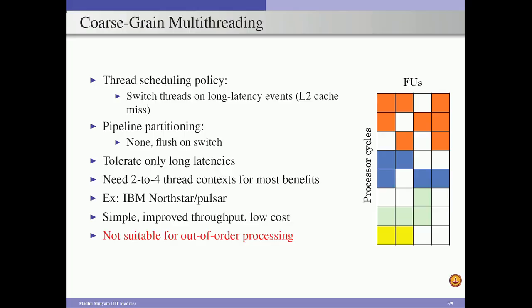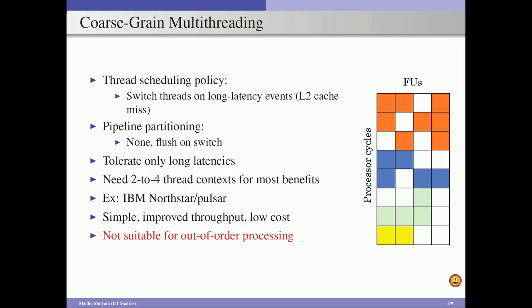In other words, in the coarse grain multi-threading design, we consider a context switch only for long latency events, and this long latency event takes a significant amount of time, which is much higher than the number of pipeline stalls incurred by flushing the pipeline and fetching new instructions from a different thread. Because of this thread scheduling policy as well as the flush on a context switch, coarse grain multi-threading can tolerate only long latency events.